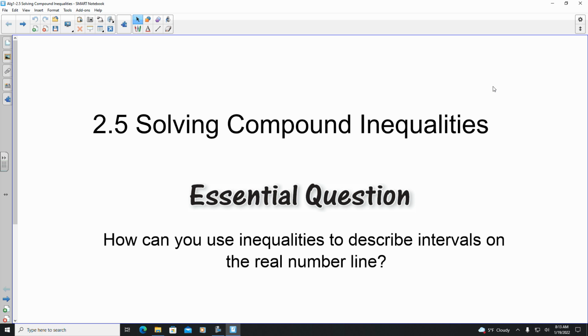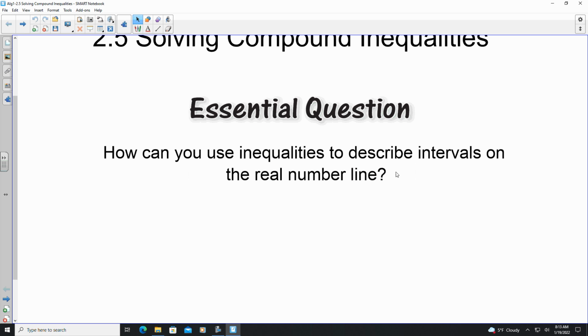In this lesson, we're going to be looking at section 2.5, where we're going to be solving compound inequalities. Compound inequalities are essentially two separate inequalities, but what makes them a compound is a particular statement that is given to each particular situation, which allows us to use them together.